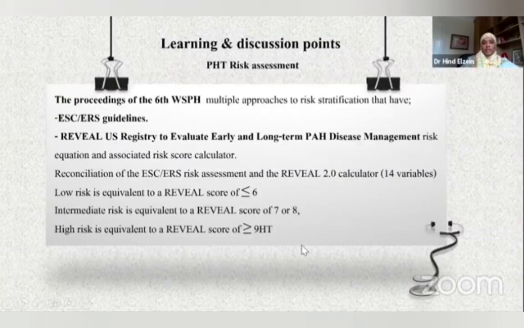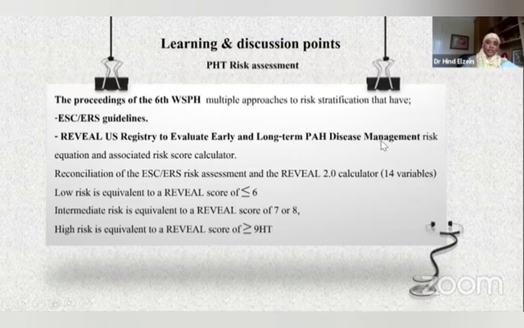The thing that I would like to mention here, with regard to the management of pulmonary hypertension, is the risk assessment. According to the update from the proceedings of the 6th World Symposium on Pulmonary Hypertension, they stated that there are multiple approaches to risk stratify those patients.